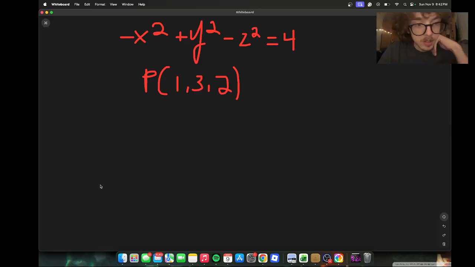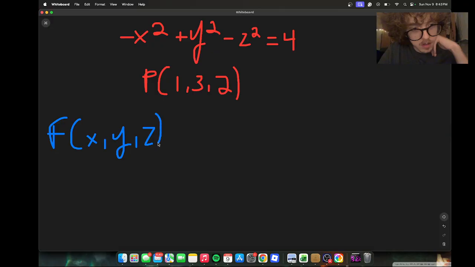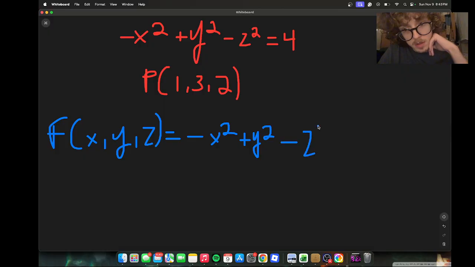So let's call a function of x, y, z equal to negative x squared plus y squared minus z squared. So if you plugged in 1, 3, 2, you would get out 4 here.